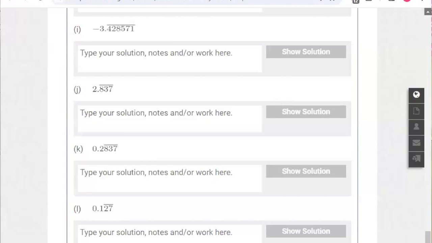0.2837 with the 837 repeat. Go for it. What do we do? You multiply by 10,000. I would first multiply it by 10.